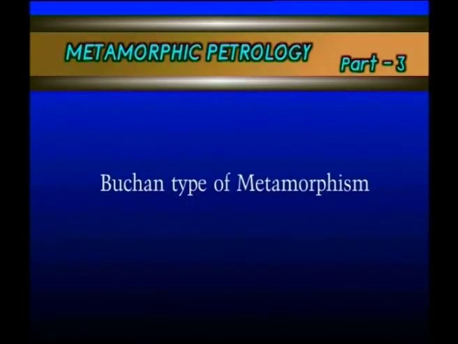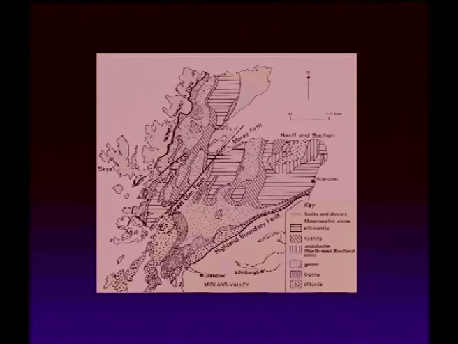Normally andalusite and sillimanite along with cordierite indicate a low pressure and temperature metamorphism, and this is known as the Buchan type of metamorphism. So you can see both sequences on the map, the Barrovian type of metamorphism as well as the Buchan type of metamorphism.